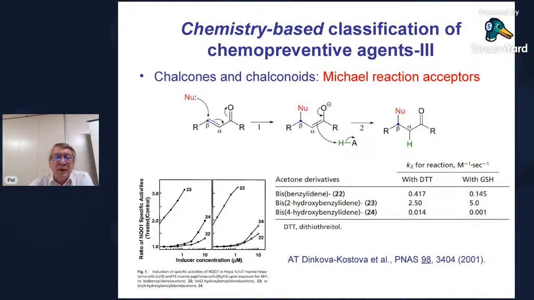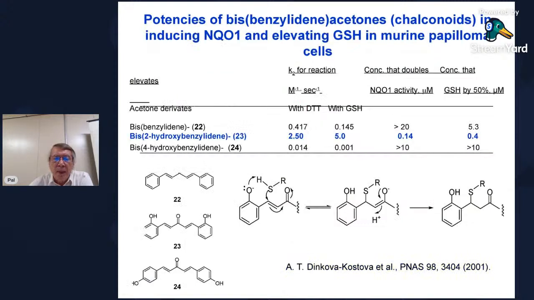So in this case, the authors got an indirect proof that the increase in the activity of the quinone reductase enzyme is associated with the reaction of the enone compound with the reactive cysteine function of the enzyme. Here are further data showing this approach.